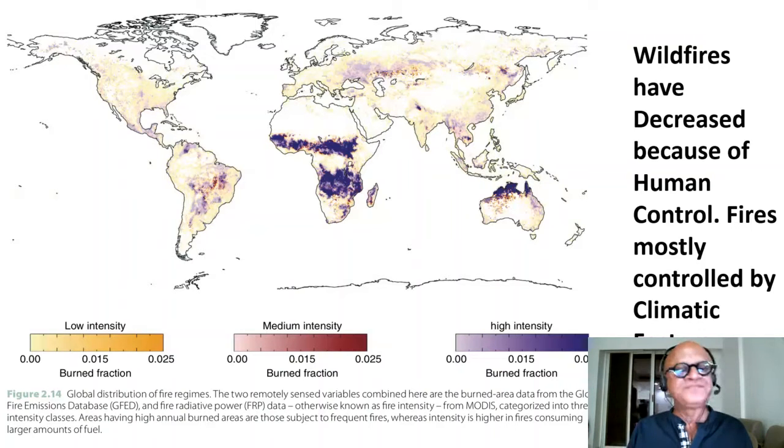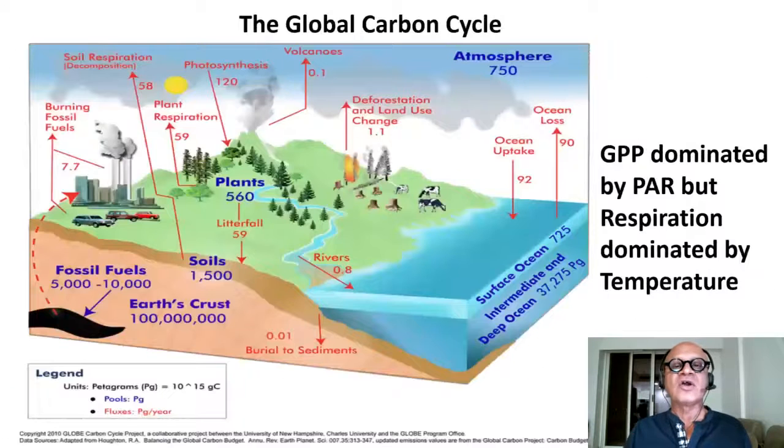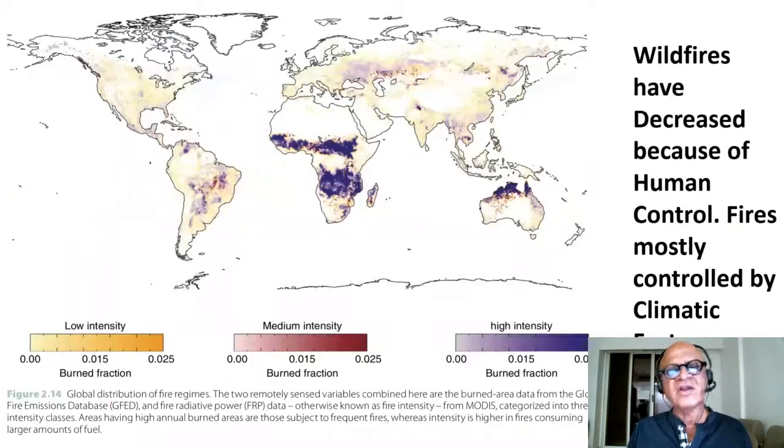Okay, good. So you can see the regions where there are low intensity fires, high intensity fires, and medium intensity fires. So the question, of course, is how do they affect the carbon cycle? And they are also always brought up in the discussion about planting 1 trillion trees as an idea for mitigating climate.